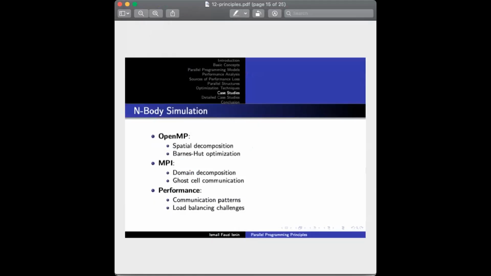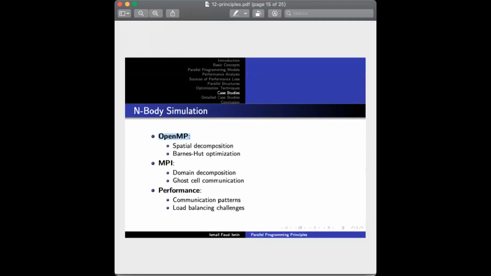This problem presents unique parallelization challenges. First of all, under OpenMP, we manage spatial structure locally. We implement a spatial decomposition technique such as the Barnes-Hut octree algorithm in order to reduce computational complexity.